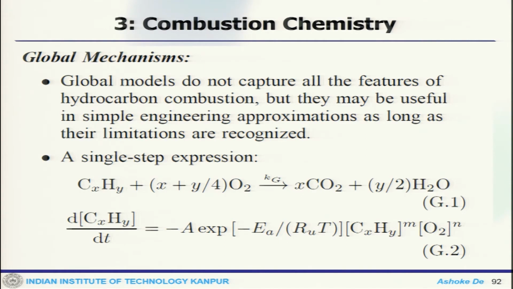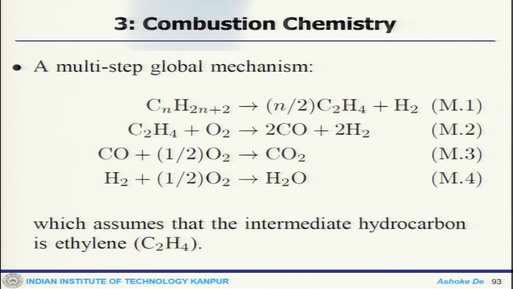They are quite useful for simple engineering problems, as long as you use them within their limitations. For example, CHHY as a single step expression, where this much is burning and this is your reaction rate, forms CO2 and H2O, and the rate you can define through this Arrhenius expression.